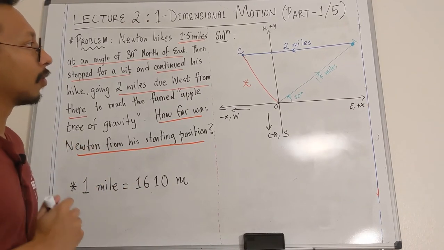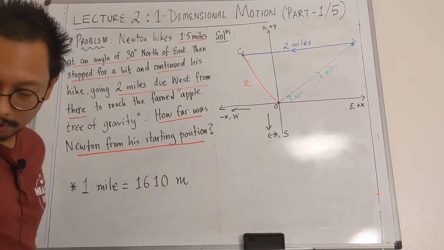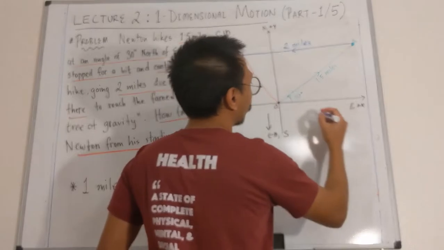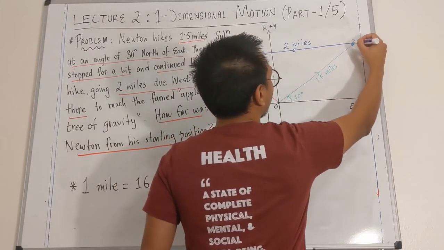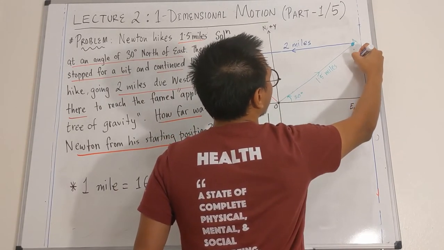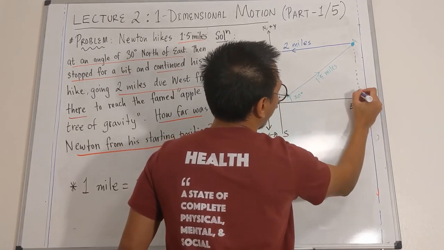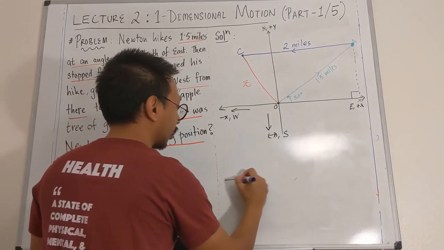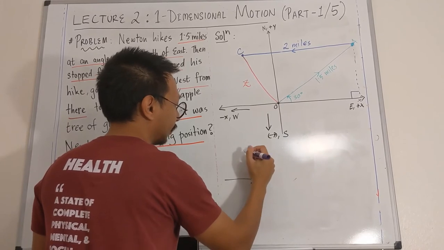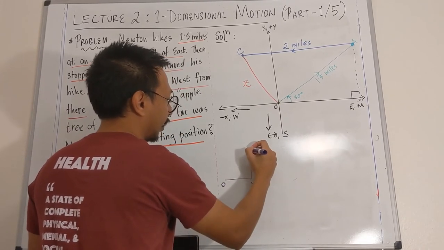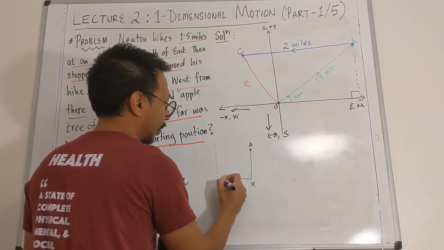Okay, so how do we break that down into triangles? So we can see that this is a triangle, right angle triangle. What is that triangle? We have a point X here, and we have the starting point here, and here we have A, correct?